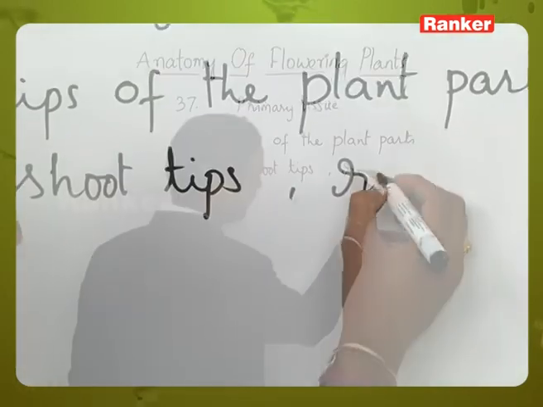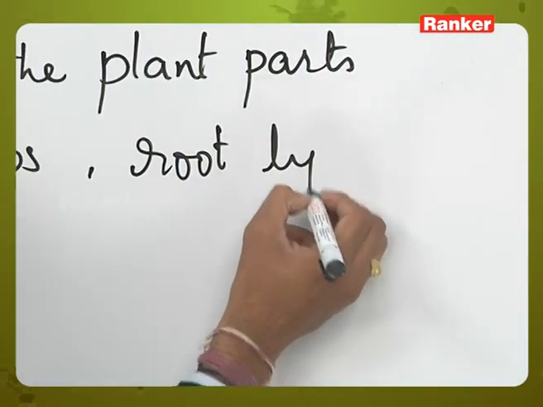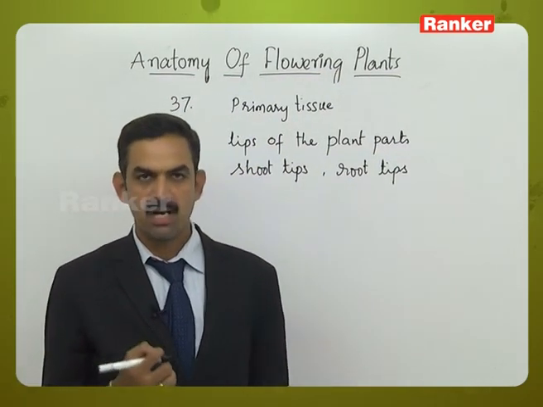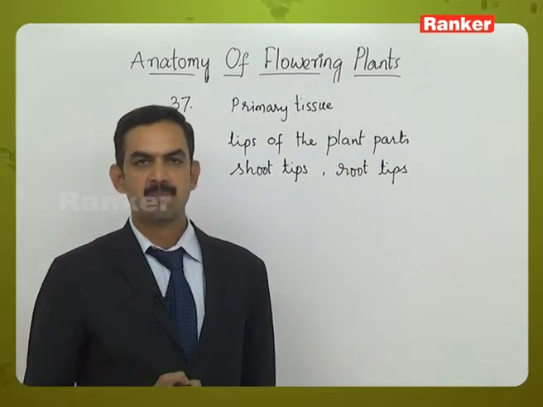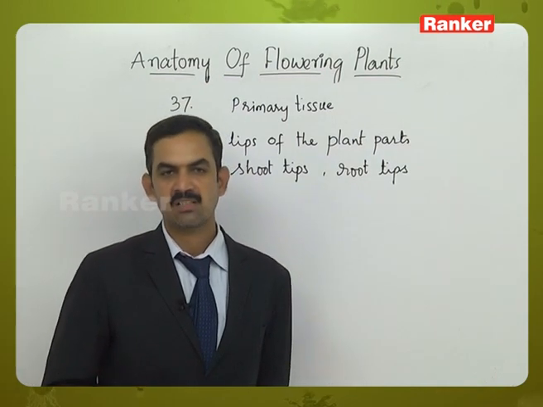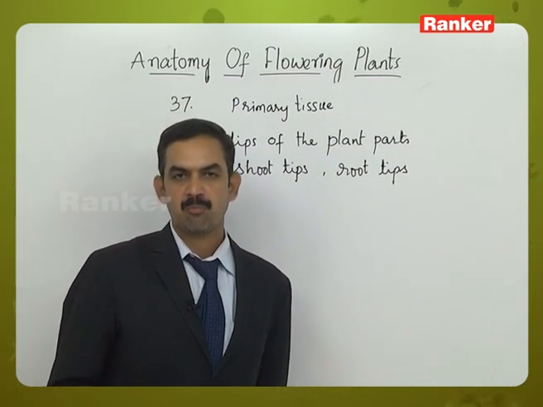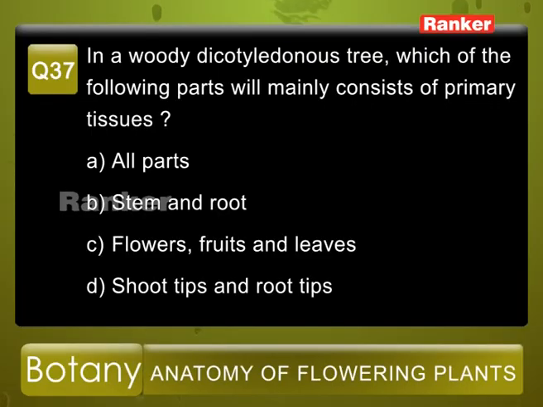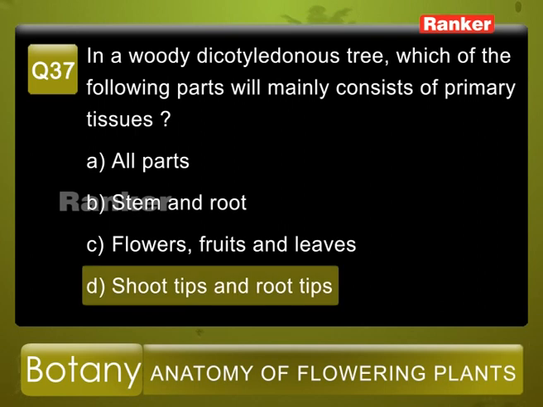Apart from that, they can also be seen in the root tip. These two parts are completely filled by primary tissue. That's why we can say it mainly consists of primary tissue in the shoot tip and the root tip. So from the given options, option D is the correct answer.